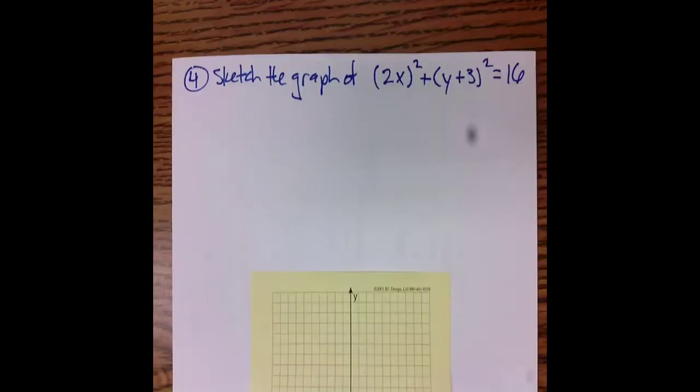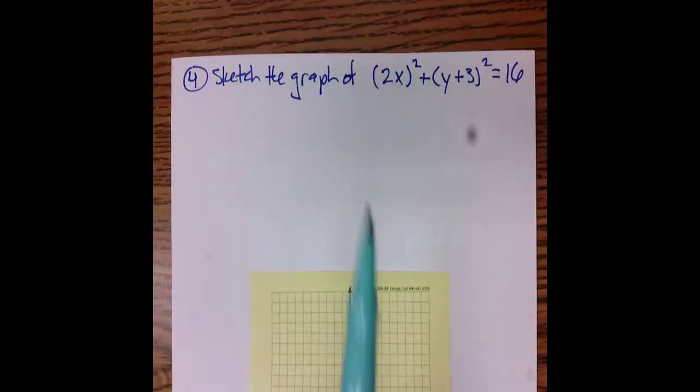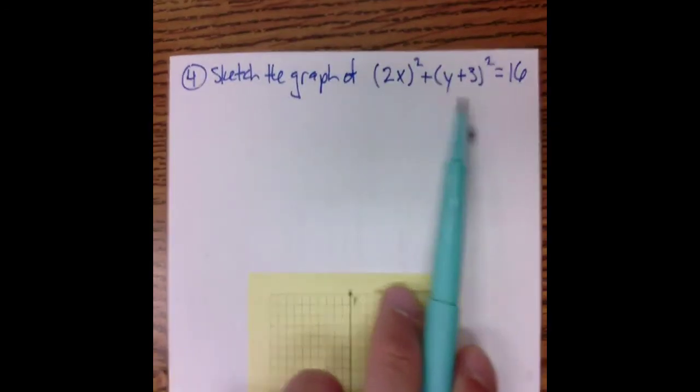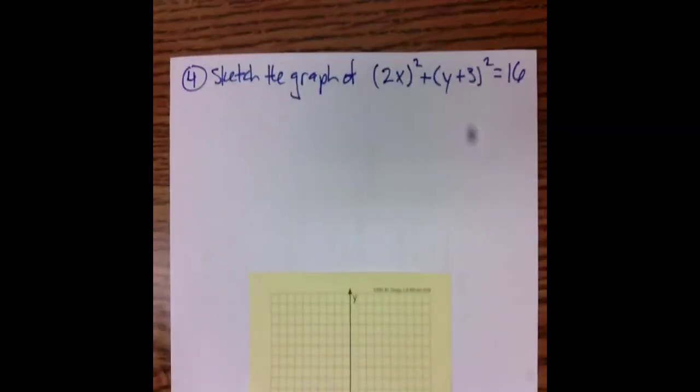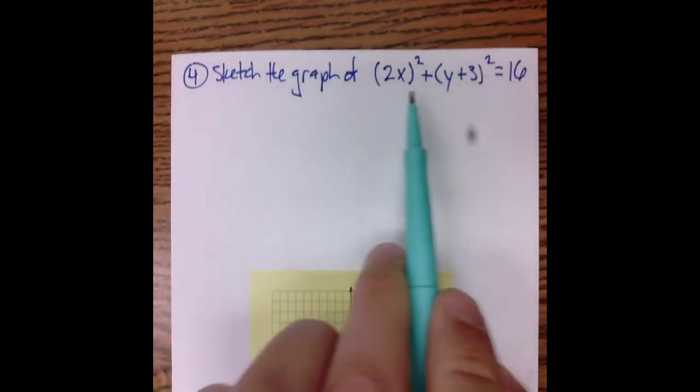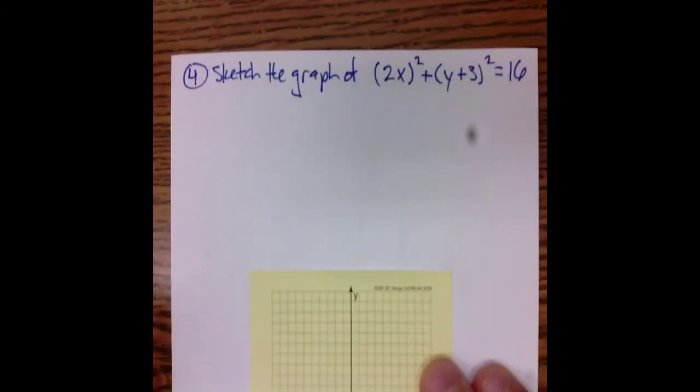Okay, let's look at our next example. As you can tell, hopefully, this one is yet another circle. So this is one where I'm not going to make a table like I have in the past. I want to try to identify what's going on here first, and maybe we can write it out by hand and then try to make it happen on the graph without having to make an entire table. So let's try to figure out where the center is.